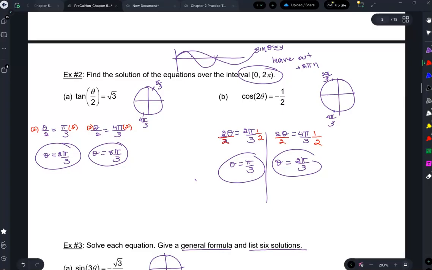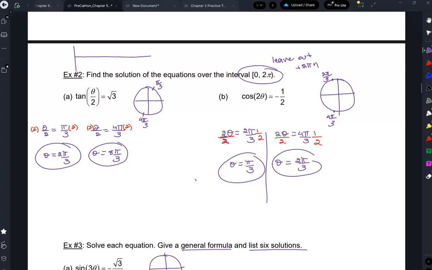Let me talk about this stuff again. If I have sine of theta and it looks like this, this is pi, this is pi over 2, and here this is 1 and this is -1.